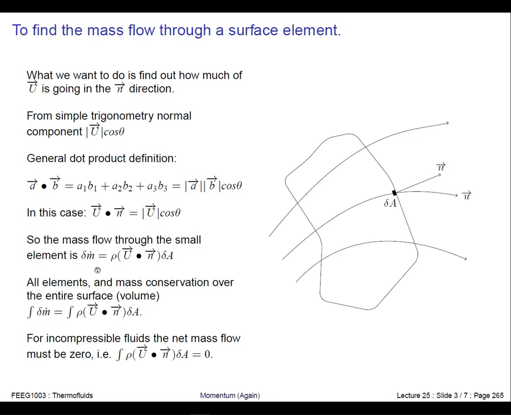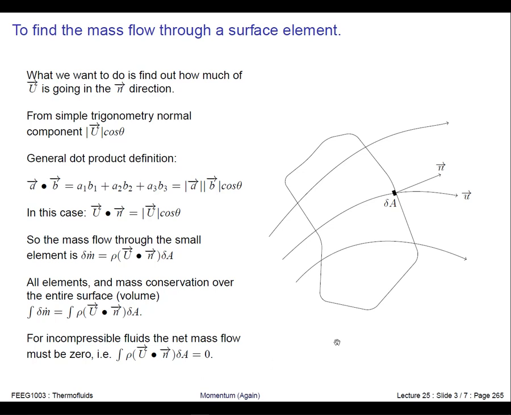I have an elemental mass flow, which is the density times the normal component multiplied by the area, and I can do that for any one of these area elements and sum all of those up to work out this integral. Then conservation of mass tells me the amount of stuff flowing into the control volume must be the same as the amount flowing out at steady state if it's incompressible. So this is my conservation of mass equation.